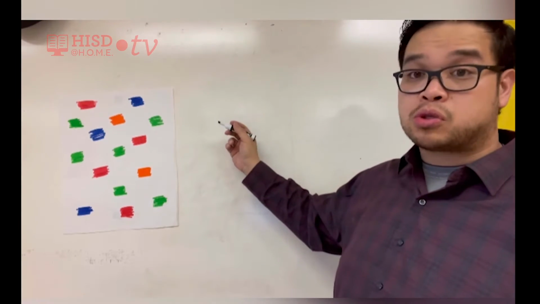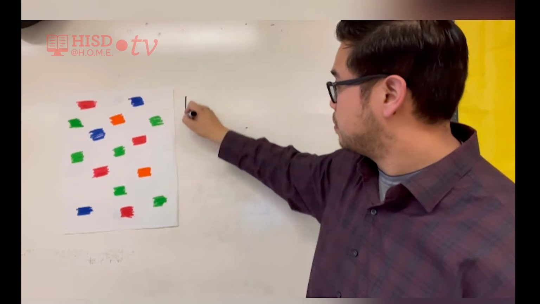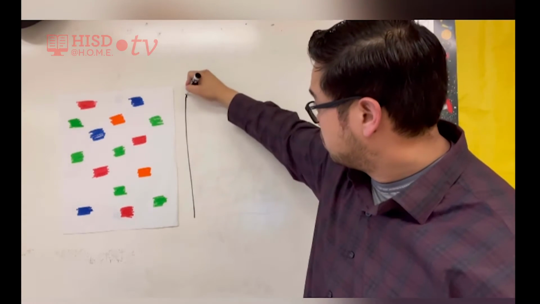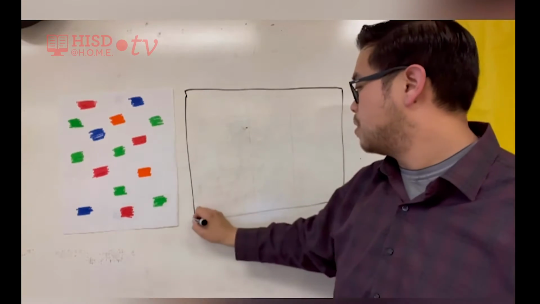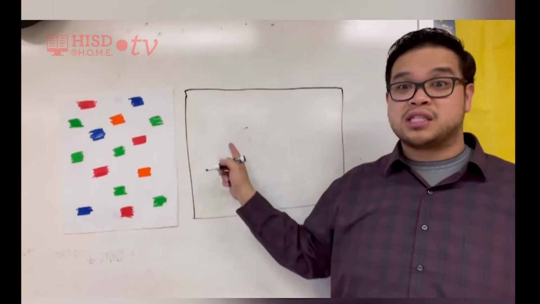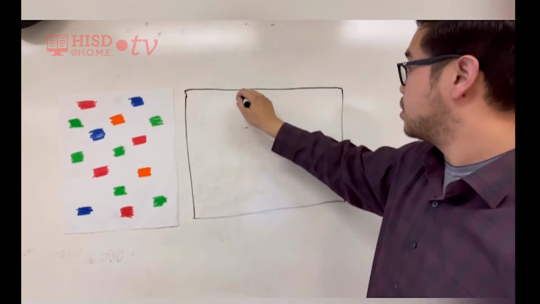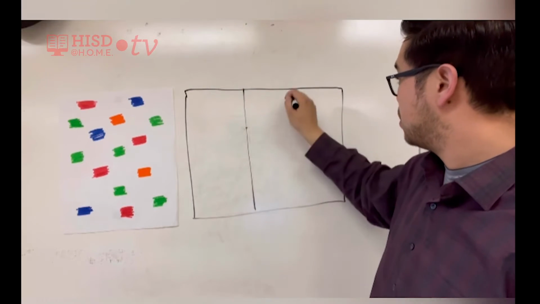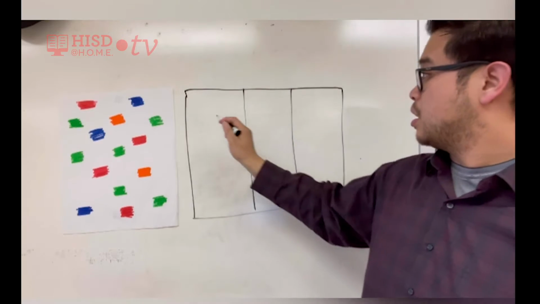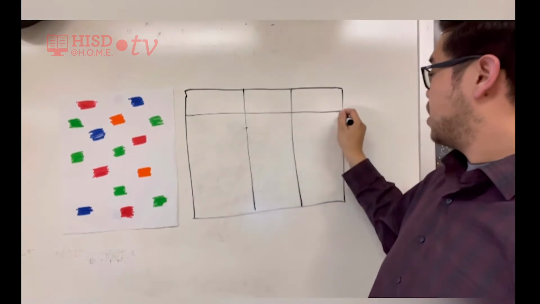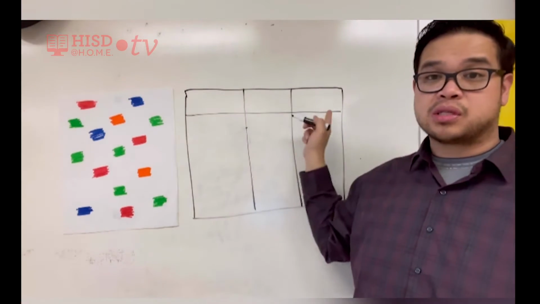So to start off, I'm gonna draw a big rectangle. And then I have to split this into 3 columns. 1 column, 2, and 3. And now I have to add my categories.